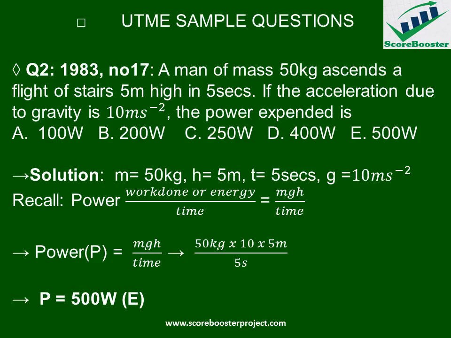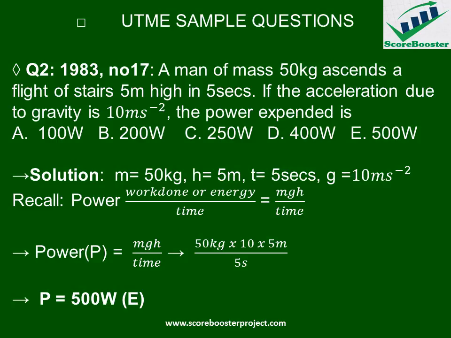Now, the next question we shall be considering comes from 1983, number 17. And the question goes thus: a man of mass 50 kg ascends a flight of stairs 5 meter high in 5 seconds.